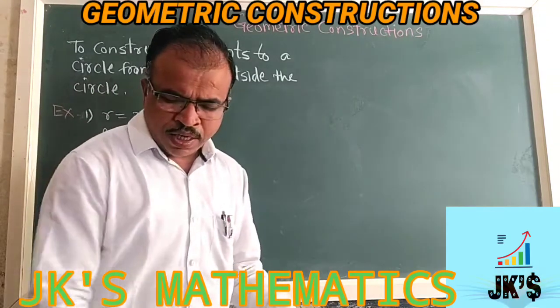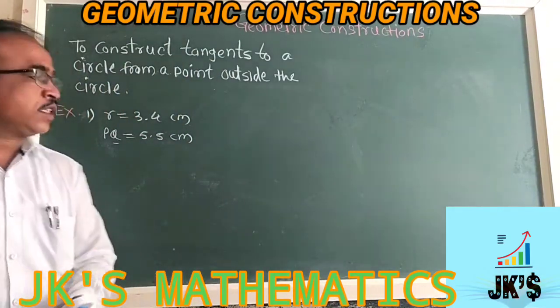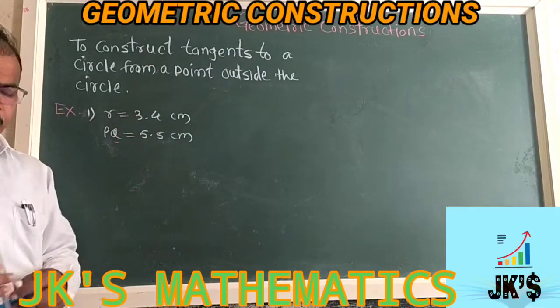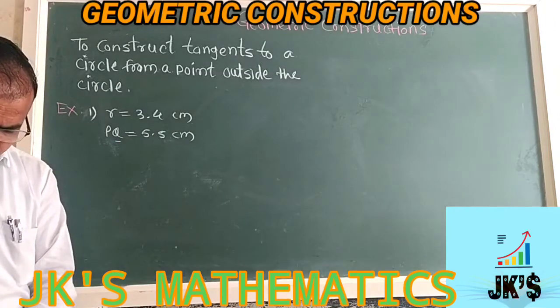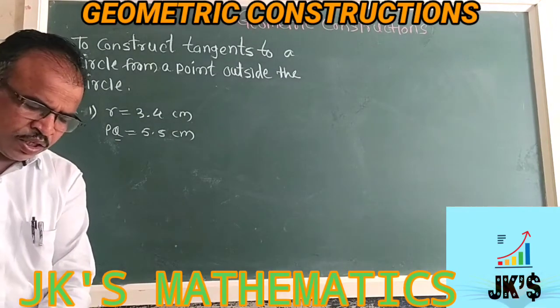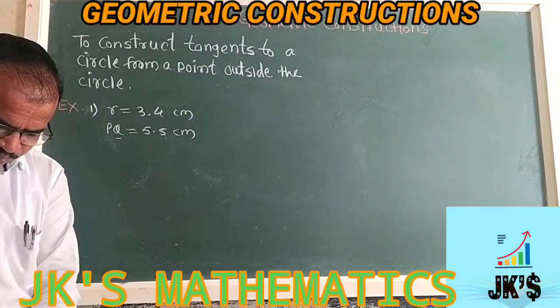For this, friends, at first we draw the circle of given radius. Radius of circle is given as 3.4. So take the distance 3.4 centimeter in the compass.